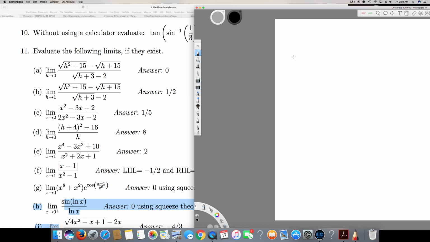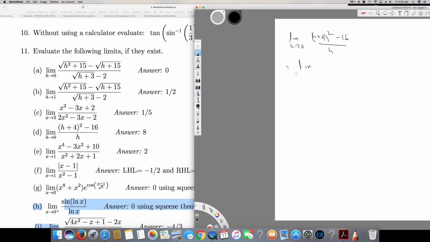So the next question is asking limit h approaches 0, h plus 4 square minus 16 over h. So first of all I have to expand the h plus 4 square.